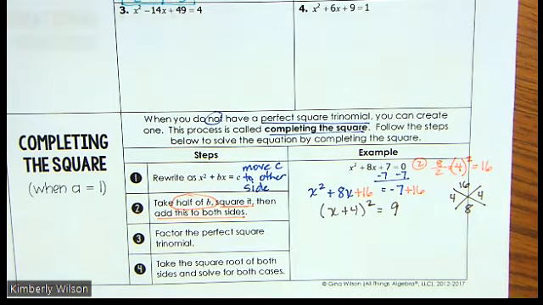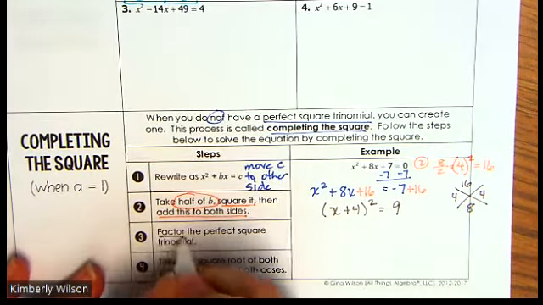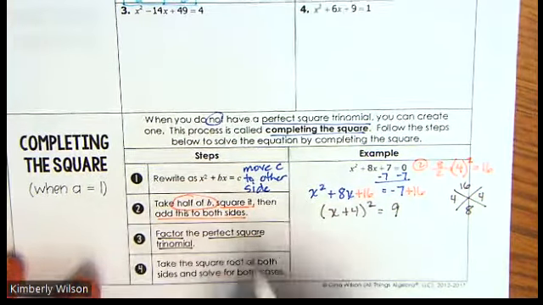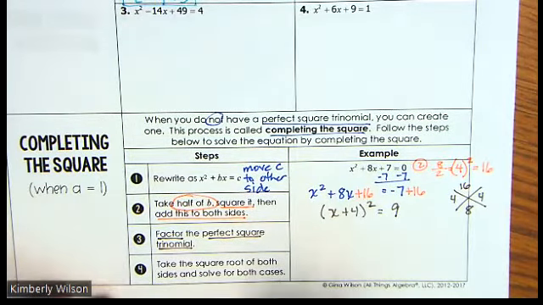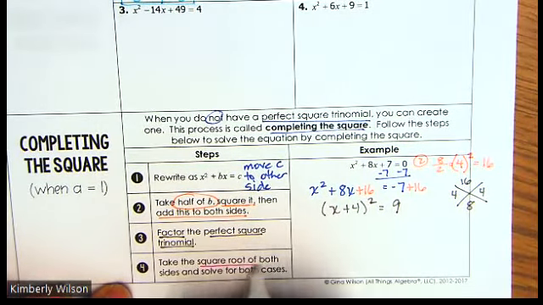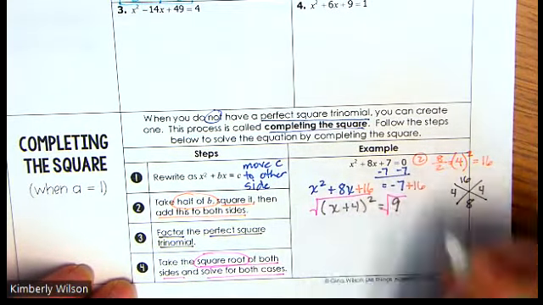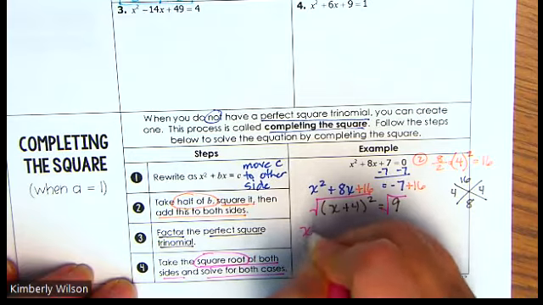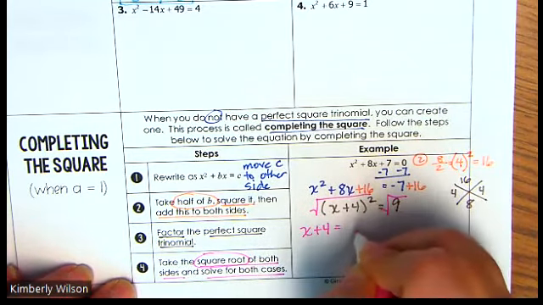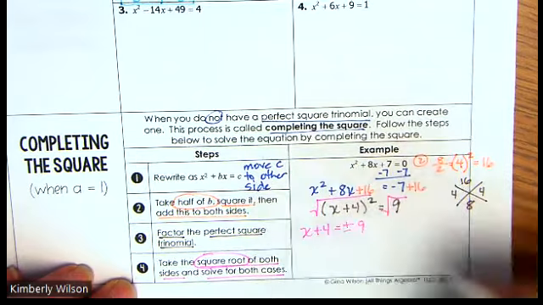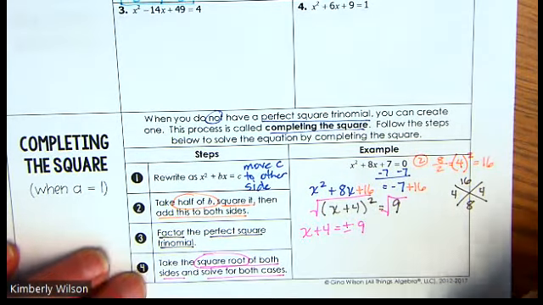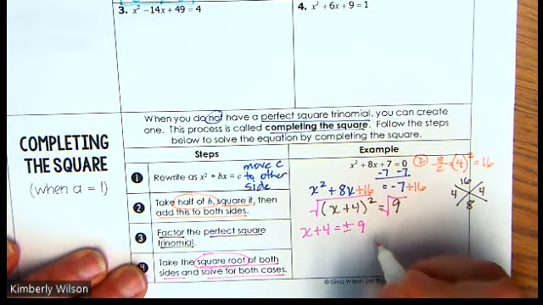Step 3 was to factor the perfect square trinomial. Step 4 is we now take the square root of both sides and solve. Okay, so I take the square root, and that's going to give me x plus 4 equals plus or minus 9, which means I can take this to where I would solve each one.